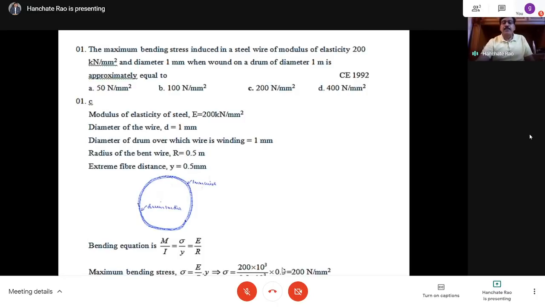And Y is 0.5 mm. So that will give you the maximum bending stress. So direct, slightly twisted question. You have to understand how to calculate R. R is nothing but half of the diameter of this drum. This drum is 1 meter diameter. So that part you have to understand.